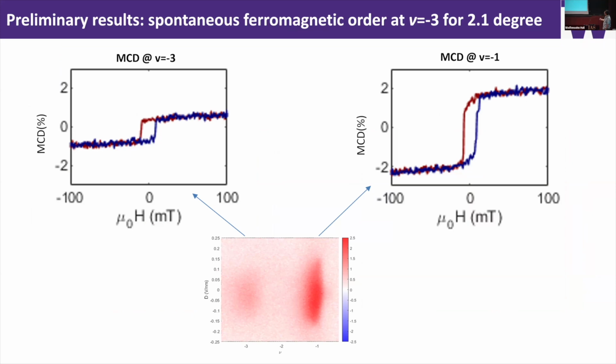On the right-hand side is the MCD at filling factor -1, and on the left-hand side is the MCD at filling factor -3. You see a beautiful hysteresis. So I think we can comfortably say that we observe this ferromagnetism for this 2.1 degree sample of the second Chern band.